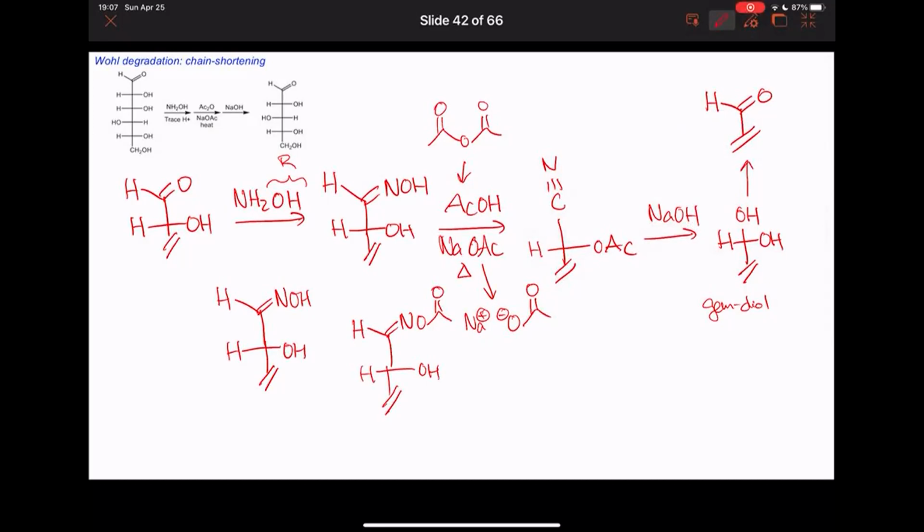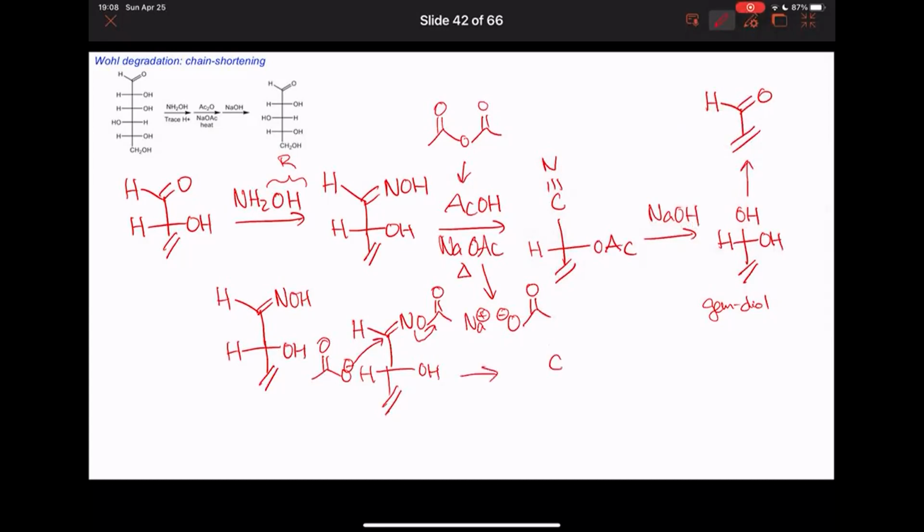Yes. Another equivalent will come in, grab that, and then these electrons will get kicked off. Or sorry, this leaving group gets kicked off. Is that correct? Yeah, that's good. Okay, chill.